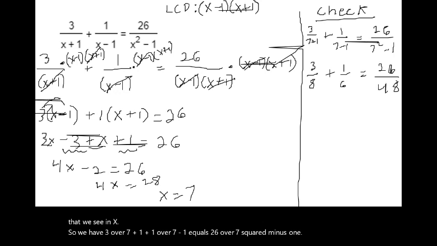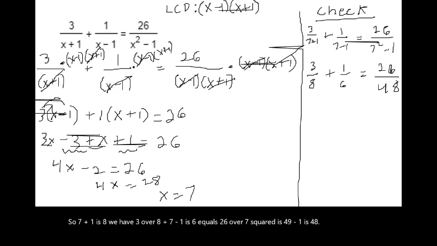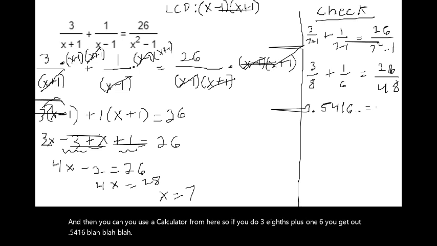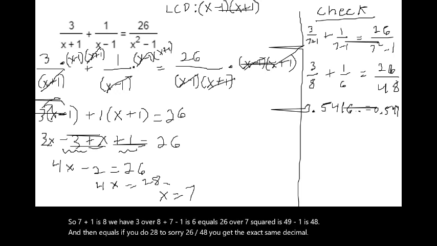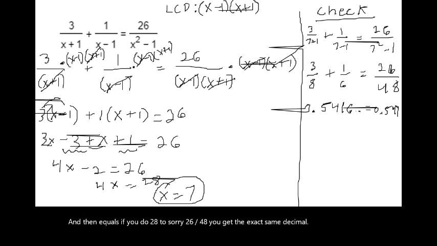And then you can use a calculator from here. If you do 3/8 plus 1/6, you get 0.5416 and so on. And if you do 26 divided by 48, you get the exact same decimal. Because we got the exact same number on both sides of the equal sign, that means x equals 7 is our final answer, and we can circle it.